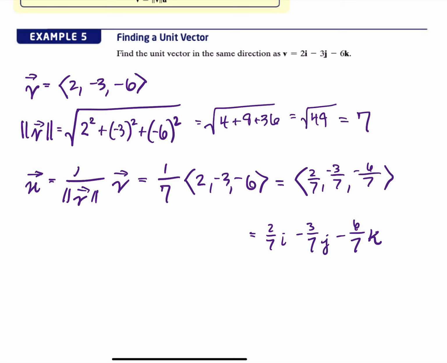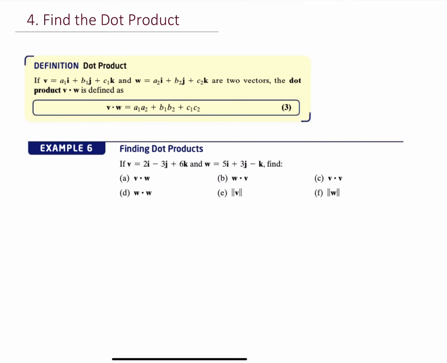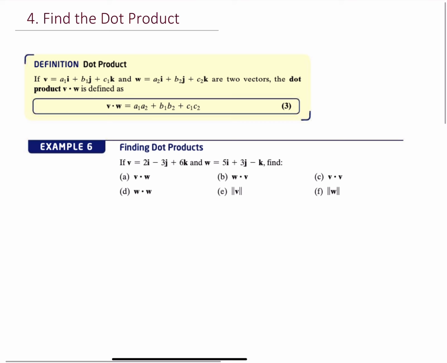We can also find the dot product. So this follows also from our previous definition. If we have two vectors, the dot product of the vectors is the multiplication of their a terms plus the multiplication of their b terms, now plus the multiplication of their c terms.